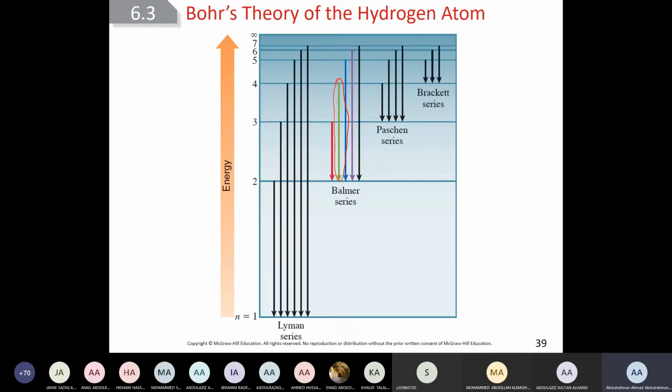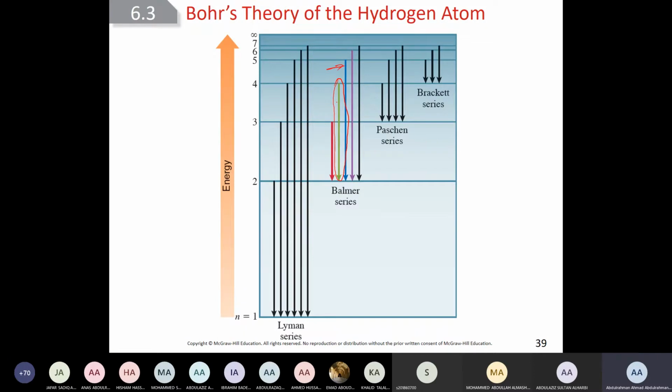If you take it from 5 to 2, which line are you going to represent? The blue line, exactly. All right, and so on and so forth.